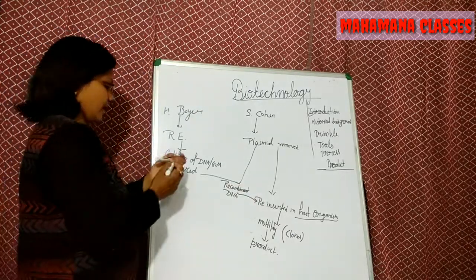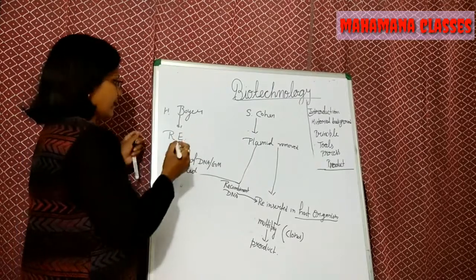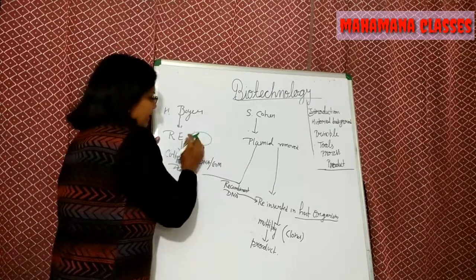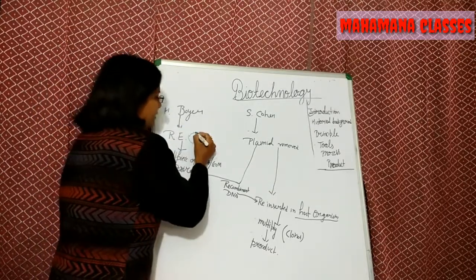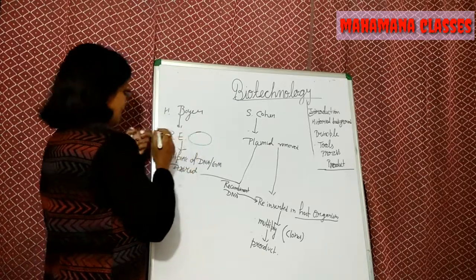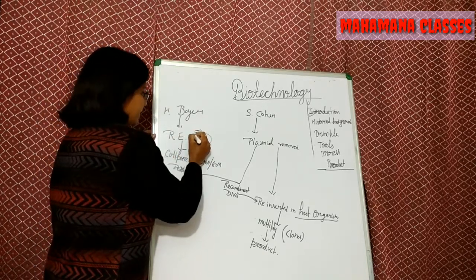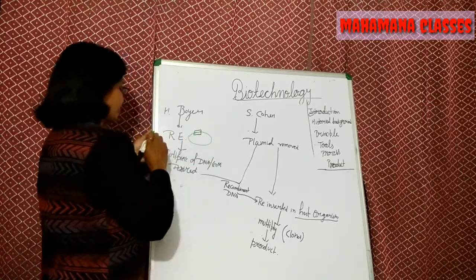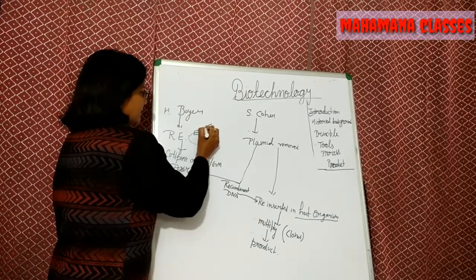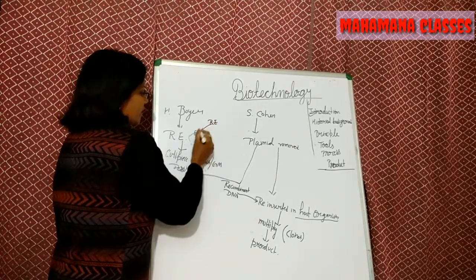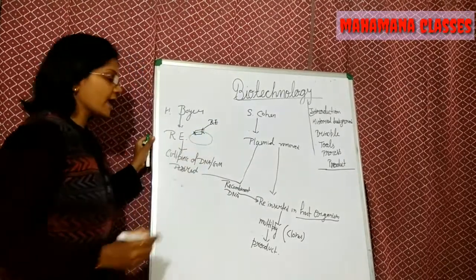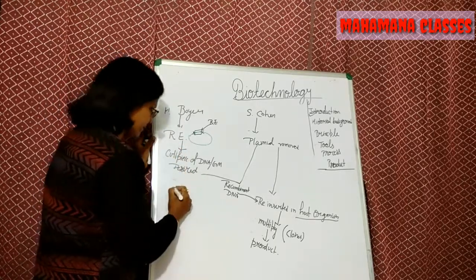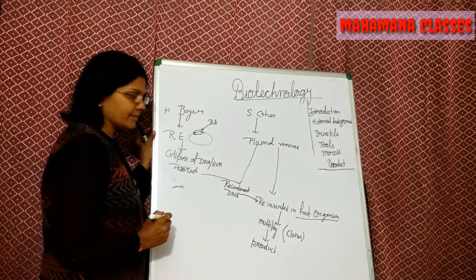Let us see exactly once again. There is a DNA. Suppose this particular part is of our interest. We use a restriction enzyme here, which will cut it, and we can isolate this desired DNA or desired genetic material.